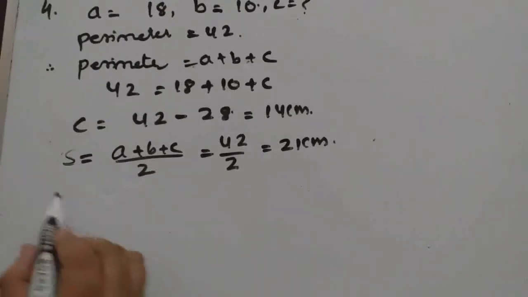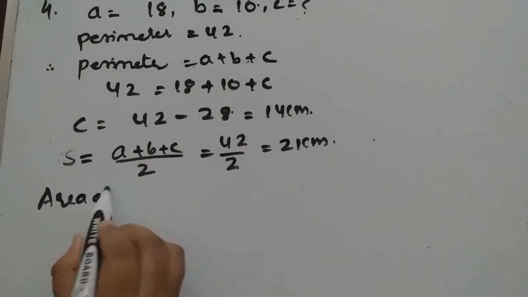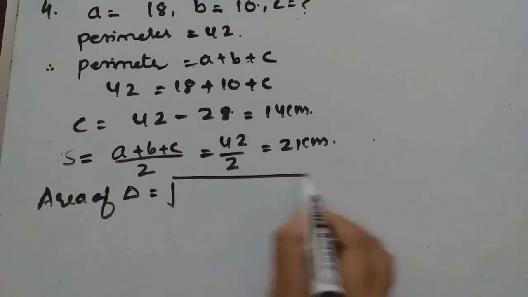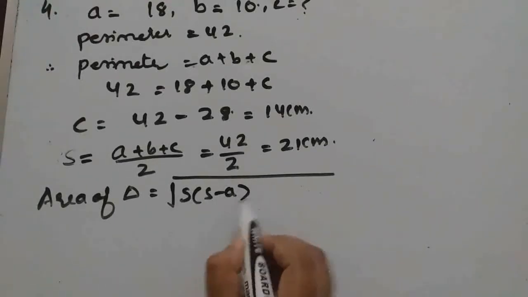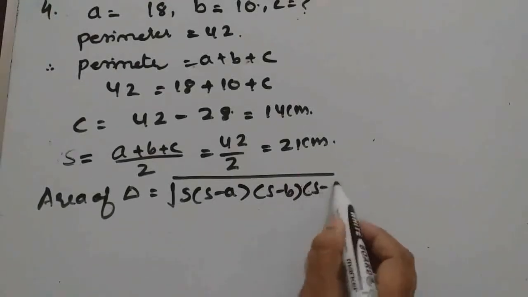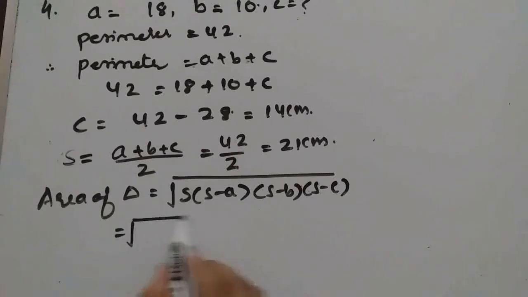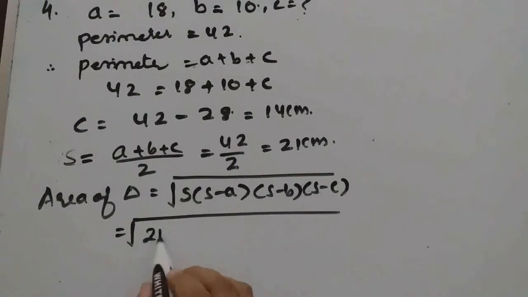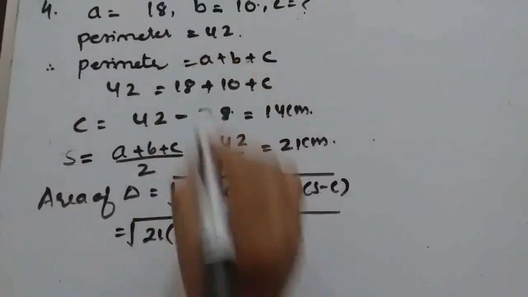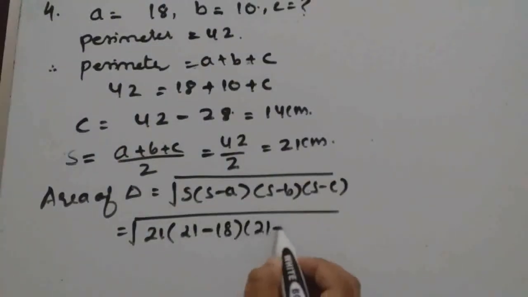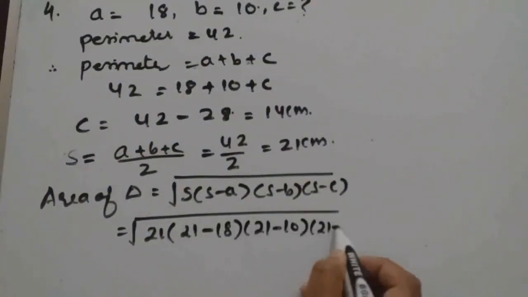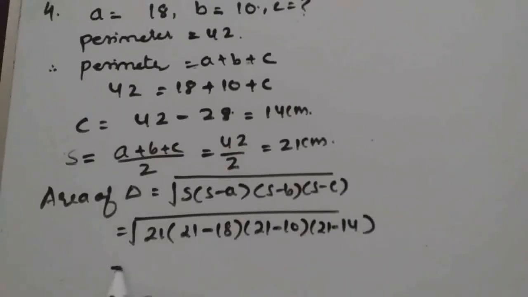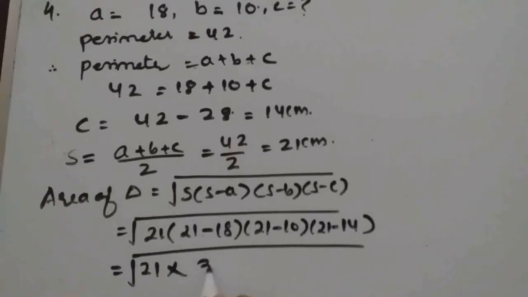Now we will apply the formula, the area of the triangle is given by root of S, S minus A, S minus B, S minus C. So S is what? 21. 21 minus A is 18. 21 minus B is 10. 21 minus C we got 14 here. So 21 minus 18 means 3. 21 minus 10 means 11. And this will give 7.